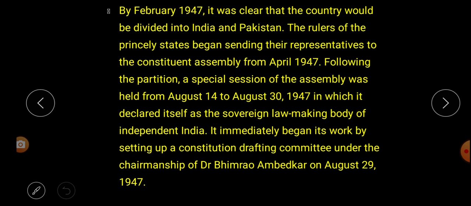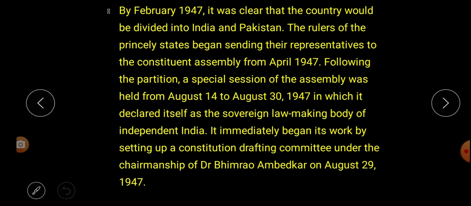Thereafter the rulers of the princely states started sending their representatives to the Constituent Assembly from April 1947. And following this partition, what happened? There were special sessions held in the assembly, from August 14 to August 30, and there it was declared that India was a sovereign lawmaking body of independent India.